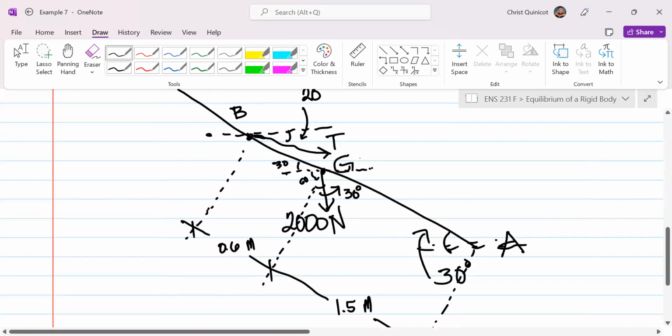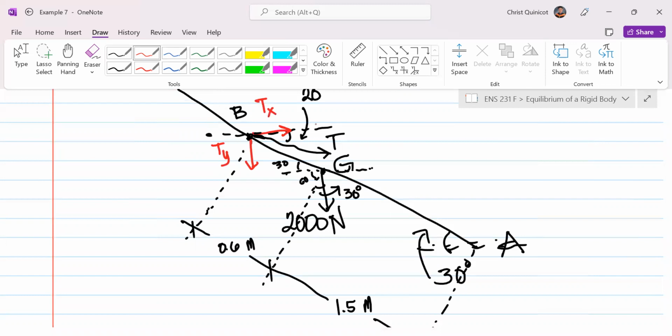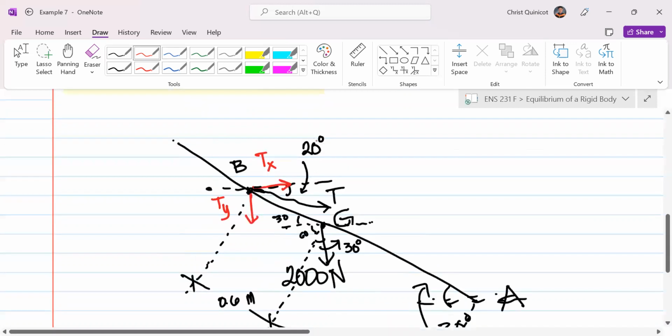So we will resolve our tension into its x and y components: this is T sub y, and to the right is T sub x. And of course, we will be using the 20-degree angle.